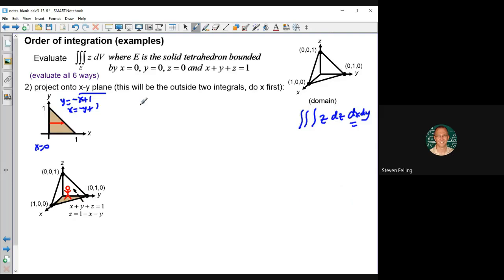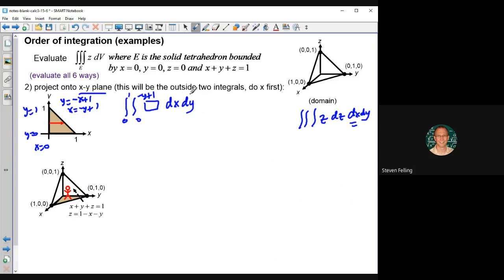And so if I'm setting this up, I would say, okay, my outer integral is, I've got something for z, just ignoring it for a second, x and y. And we would go from x equals 0 to negative y plus 1. And then to cover the region in the y direction, we have to go from y equals 0 to y equals 1. So there's the outer 2 integrals set up.